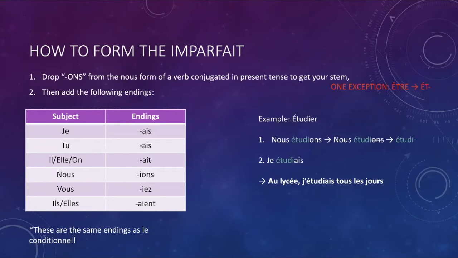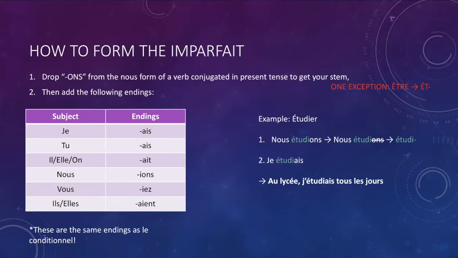So for je, we have the ending -ais, tu, -ais, il, elle, on, -ait, nous, -ions, vous, -iez, and ils, elles, -aient. A good way to remember this is that when you learn the conditional, these are the same endings.